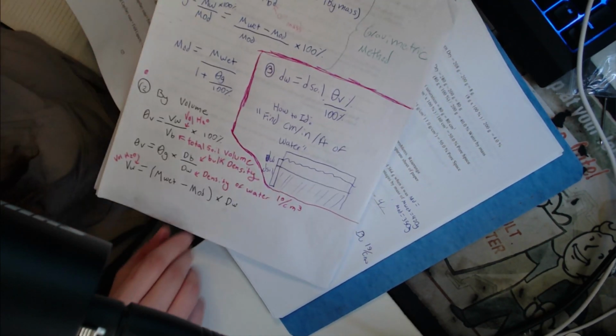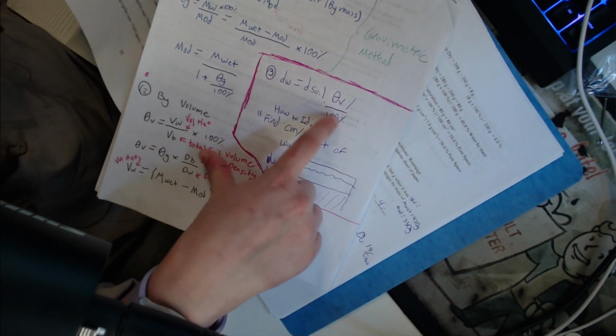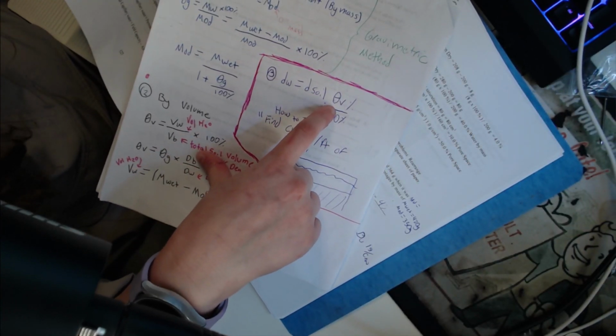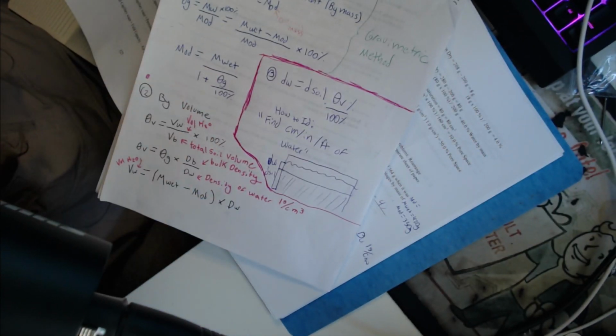All right, so now we are calculating the cm of water held in the top 20 cm of this soil. Now this one should be easy. It's just a plug and play with what we last did. We have the depth of the soil, right? We have theta V. We calculated that in the last equation, and that should be a simple matter of plugging and playing, and you should get the correct answer.